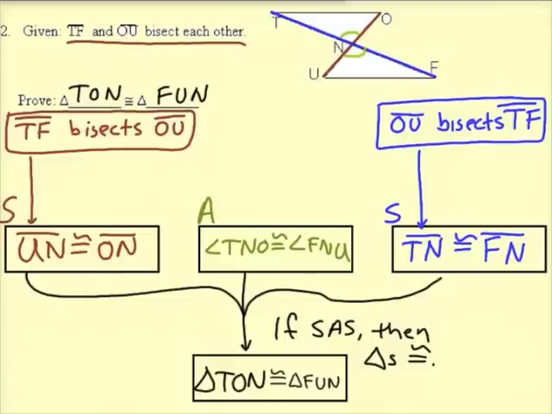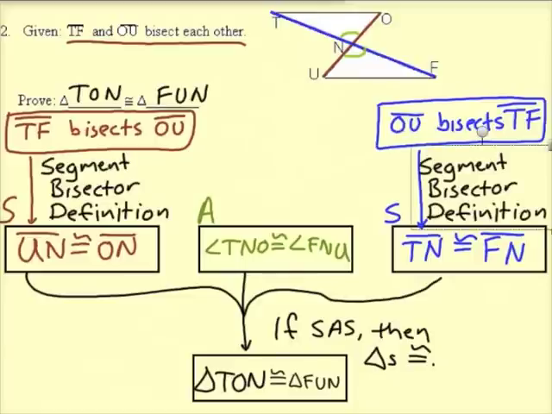Now, the connector reason, you have to ask yourself, what does bisect mean? Well, bisect means cuts in half. And so for each of these reasons, we're going to use the segment bisector definition. And lastly, we need to talk about where those green angles came from. The green angles came from the vertical angles, and vertical angles are always congruent. So we need a box that says, hey, I have vertical angles, and then the box below it can say that they're congruent.